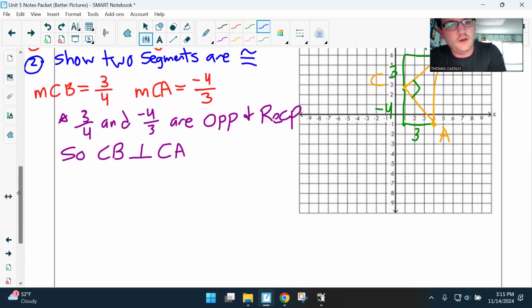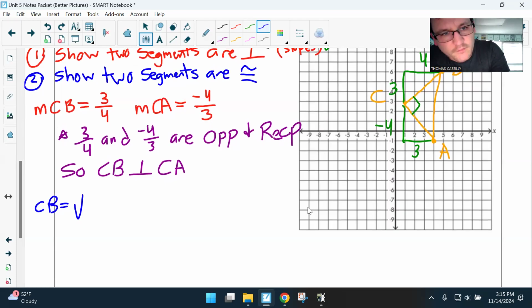The length of CB is equal to the square root of, if you look at the x values, we're going 4 spaces, so this is 4 squared, and we're going up 3 spaces, so we have 3 squared.